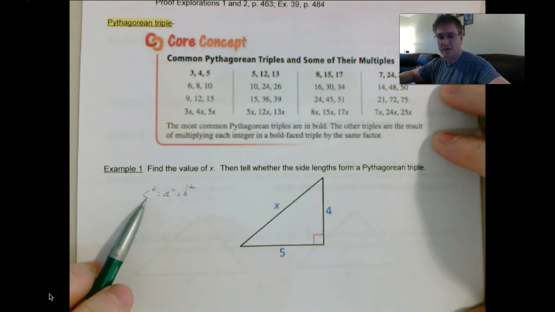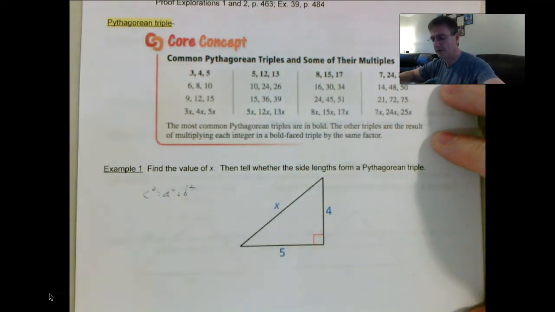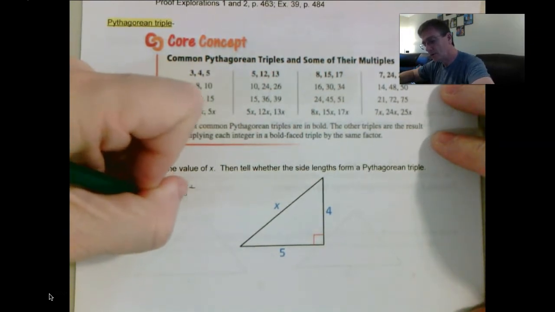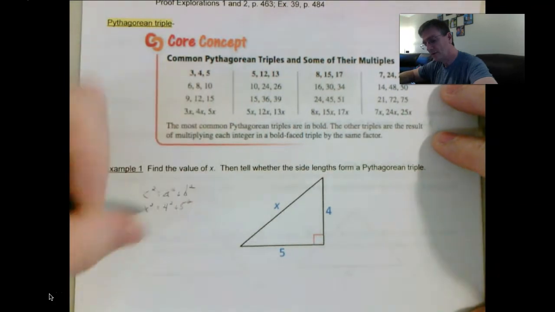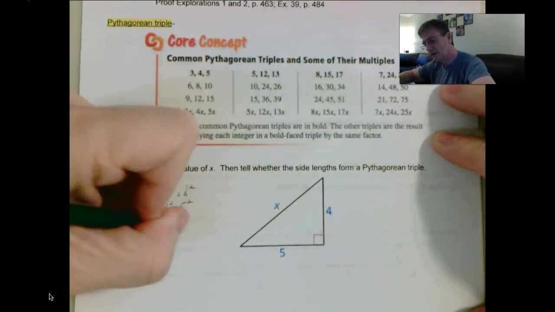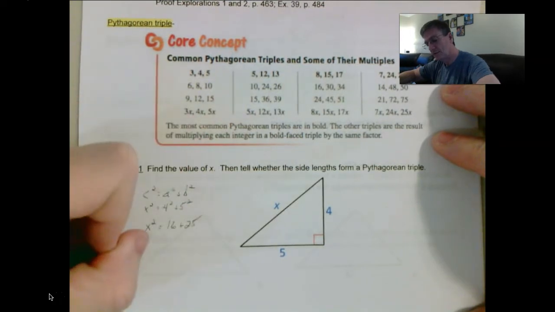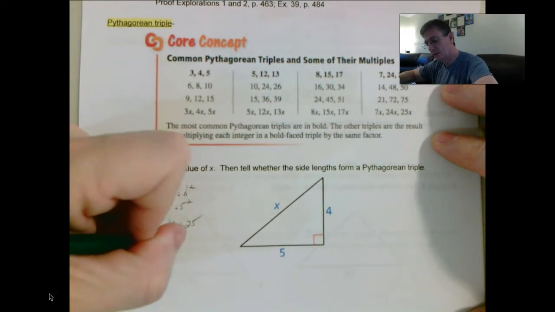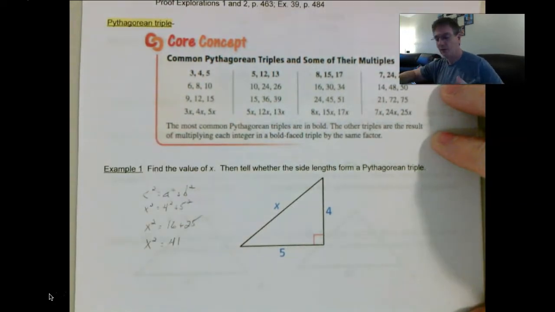C is always the hypotenuse, which means it's always the longest side. So in this problem, it's x. X squared equals 4 squared plus 5 squared. X squared equals 16 plus 25. X squared equals 41. And at this point, we don't want the value of x squared, we want the value of x.